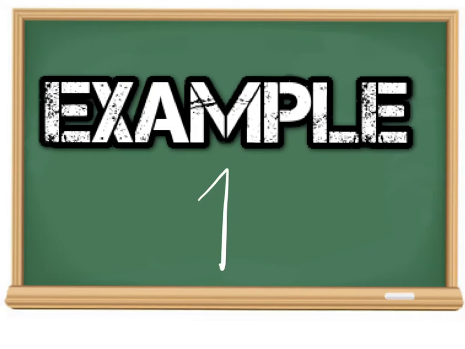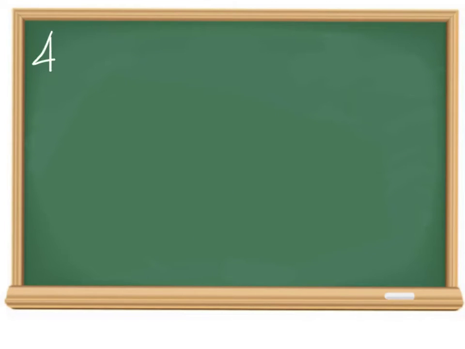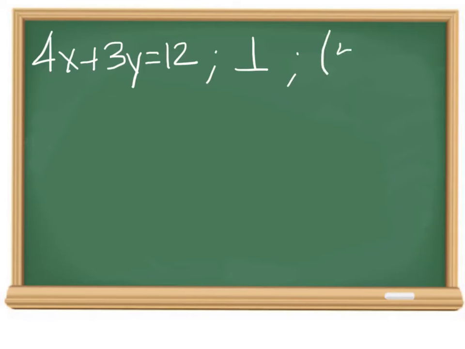Example 1. The line is 4x plus 3y equals 12, and we need a line that is perpendicular to that and passes through 5, 4. Your first step to this problem should be to get y by itself in the opening equation.